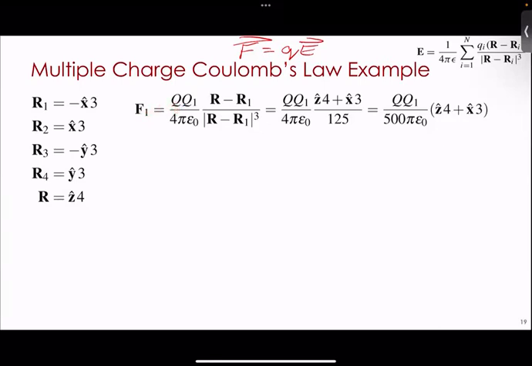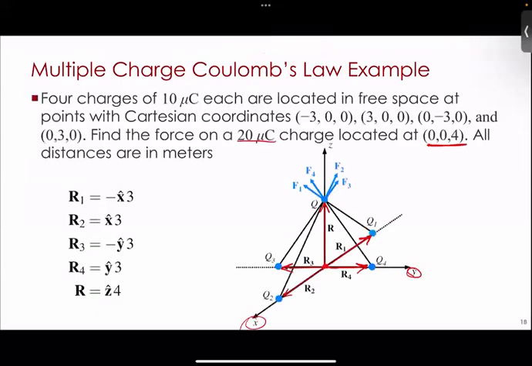So up top right, we've got 1 over 4 pi epsilon, and the question said it was free space, which is why we've got epsilon naught. The Qi here is the capital Q1, which is going to be 10 microcoulombs, because all 4 charges are 10 microcoulombs.